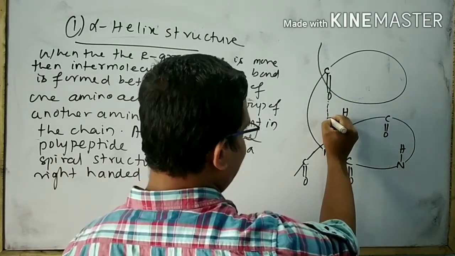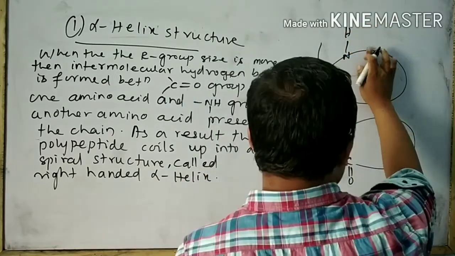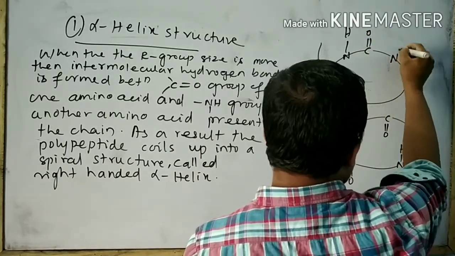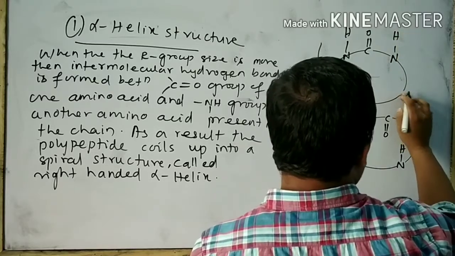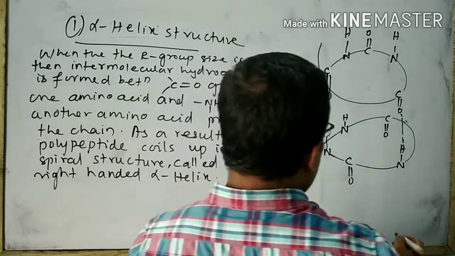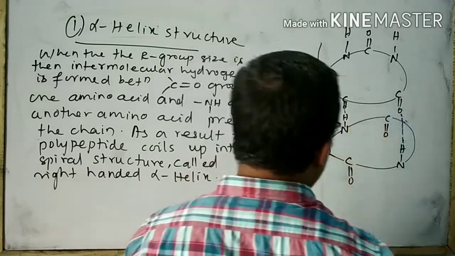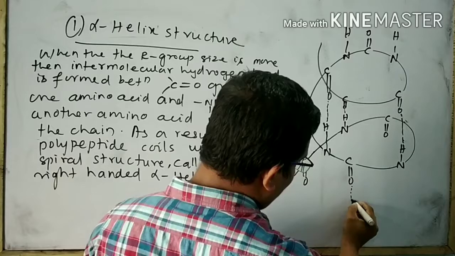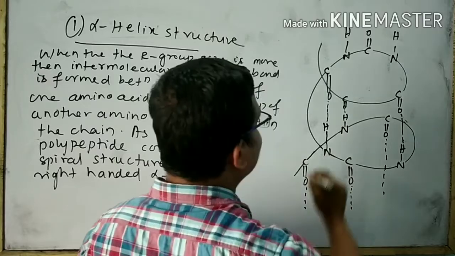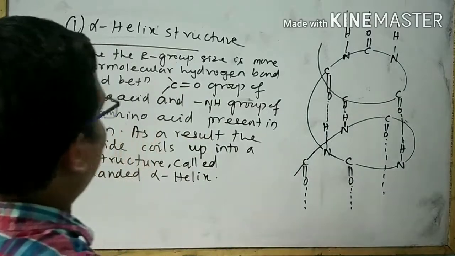There is a formation of hydrogen bond between oxygen and hydrogen. You can also form hydrogen bond like this, and here a hydrogen bond is also formed like this. This is the alpha helix structure.